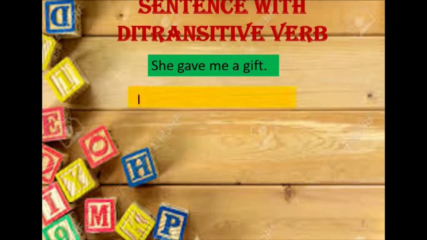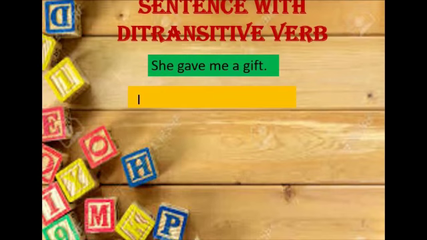This is active voice. First, I told you that we have to bring the object to the subject's position. Here we have two objects, so we have to bring the object which is near the verb to the subject's position.